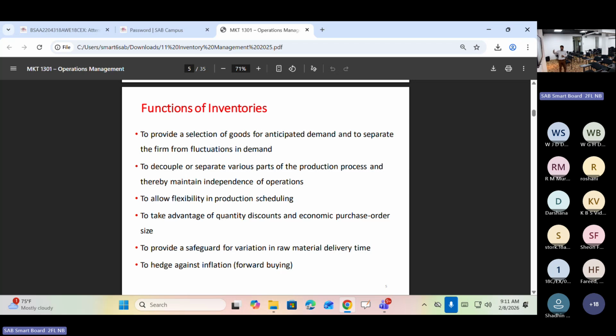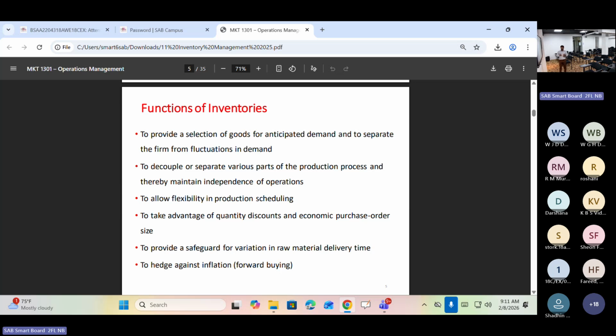So in those different steps, only if they maintain WIP inventories adequately, they can continuously operate the process. Otherwise, one process should be stopped until the previous step is complete.